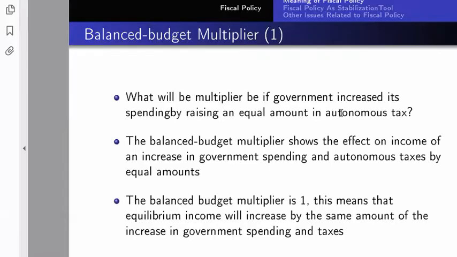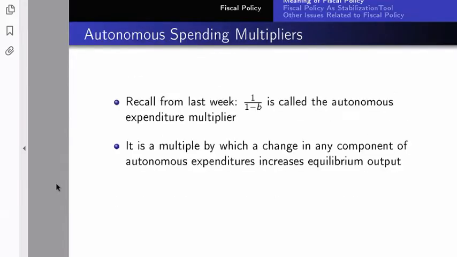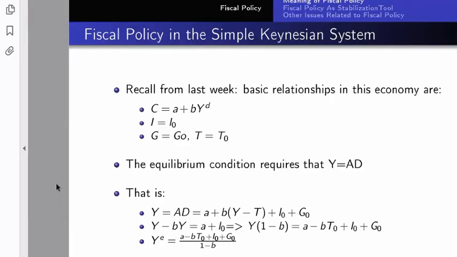So more or less, you are adding the multiplier associated with a change in G naught.